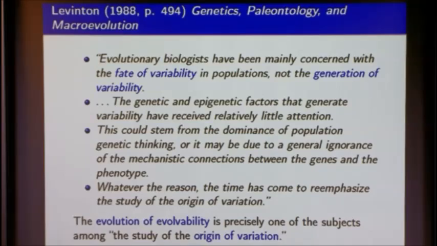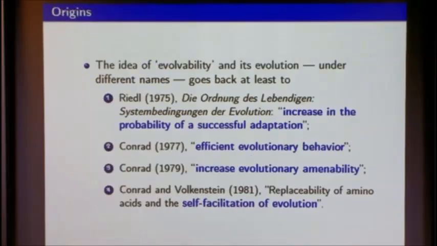So I want to talk about the origins of this concept. It actually goes under different names. It goes back at least to Rupert Riedl in a book from 1975, where he refers to it as the increase in the probability of a successful adaptation.